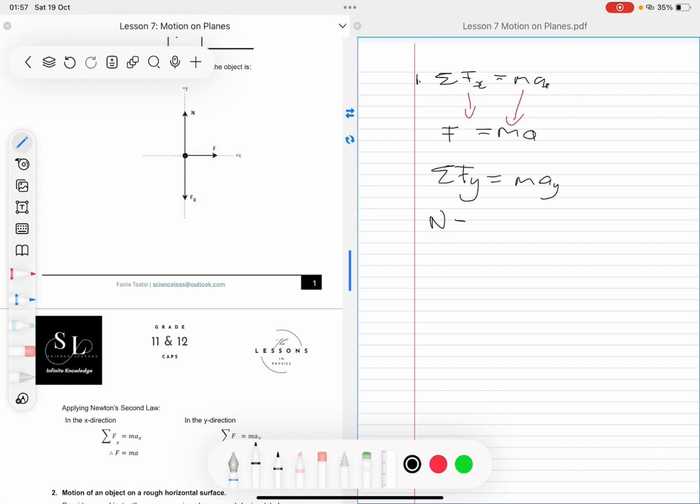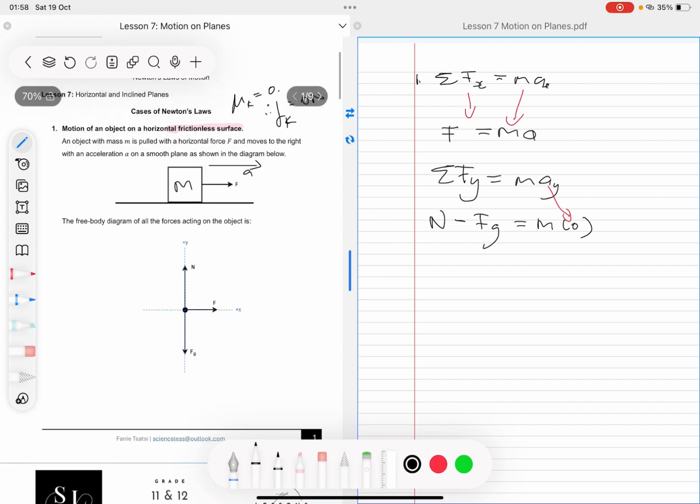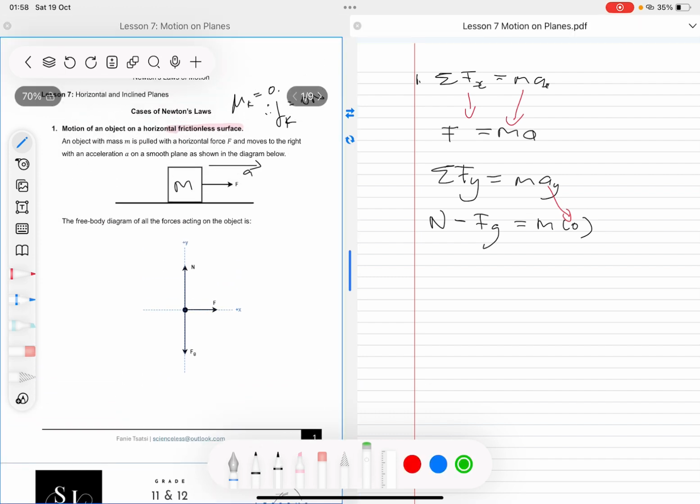Now the plus and the minus will give me a minus Fg, which is equal to m times 0. Now I'm writing my acceleration here as 0. This acceleration here is 0 because the object does not move in the vertical direction. This object does not go up or down, right? That means the acceleration in the y is equal to 0 meters per second squared because it doesn't go up or down. It only moves to the right. So there's no acceleration there.